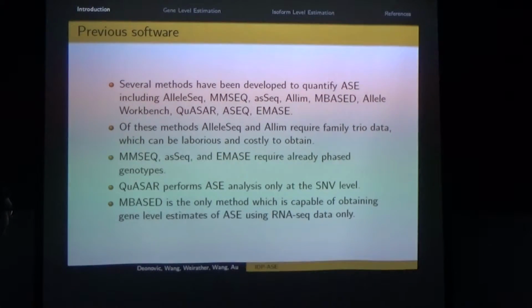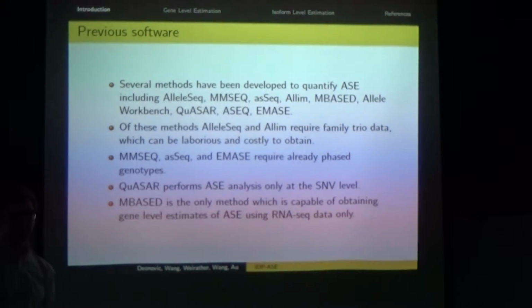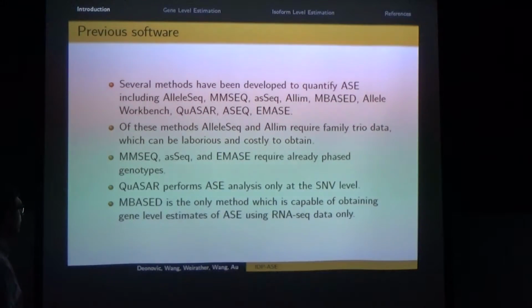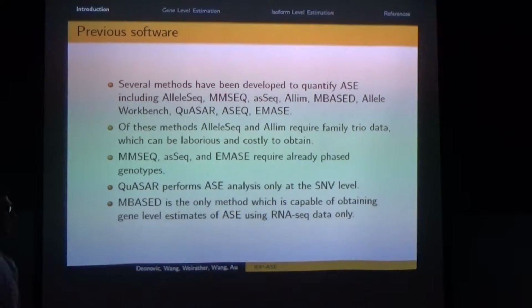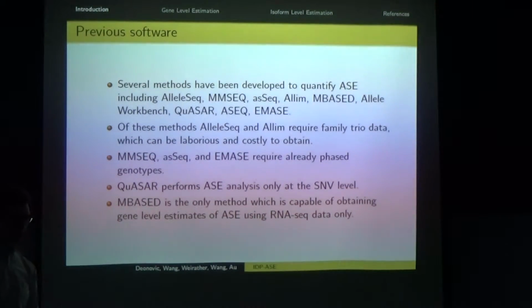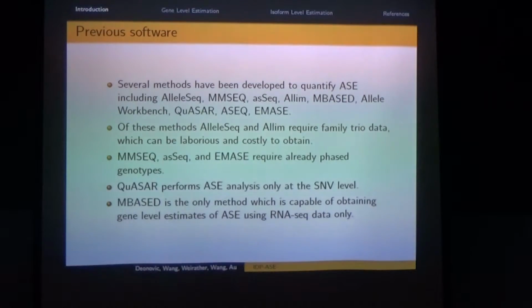So that is obviously laborious and more costly to obtain. Or some other methods might require the haplotype to simply be known and to be given as input. And BASE is one of the only methods which is capable of obtaining gene-level estimates of ASE using RNA sequencing data alone. So we'll be taking a special note of this software.